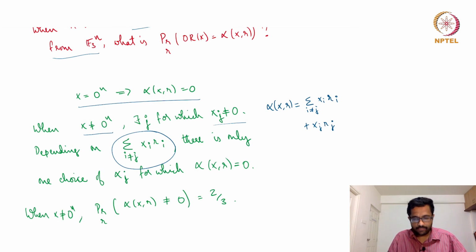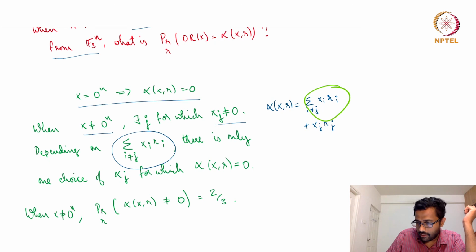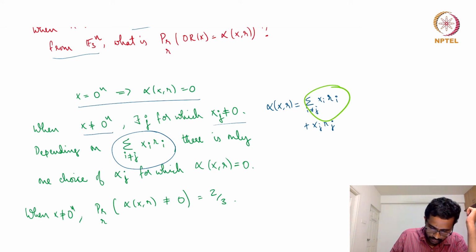What I am saying is that whatever this summation is, we know that x_j is not 0, so depending on the value chosen for r_j, we can always make the total sum 0 with a specific r_j. Okay, so there is only one choice of r_j, this is again an error, for which alpha becomes 0. The whole sum alpha becomes 0.